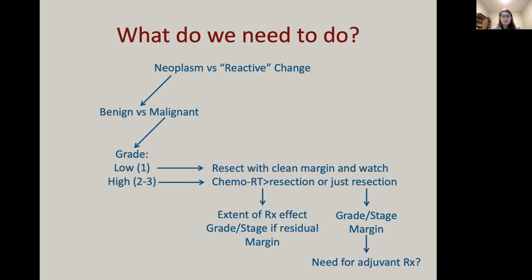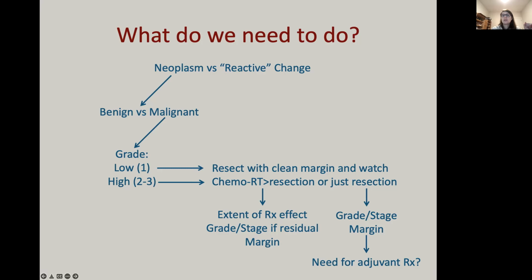If it's a low grade lesion, or even for that matter a benign lesion, they will generally resect with clean margins and watch. If it's a high grade lesion, they again may give chemoradiation before resection, in which case they are always going to be interested in the extent of treatment effect and the stage if there's any residual.